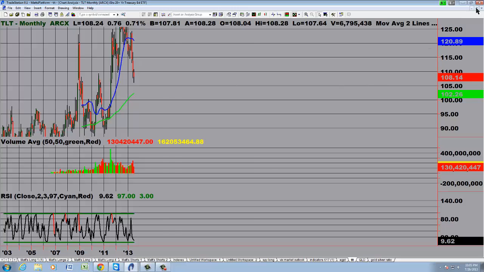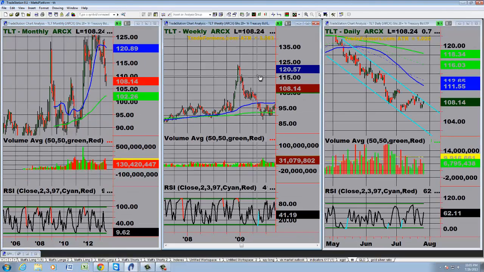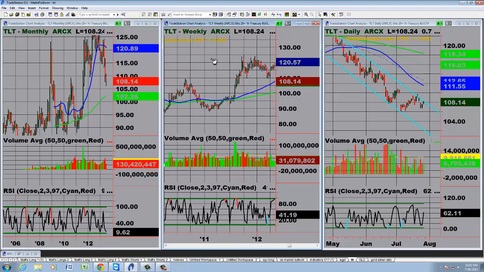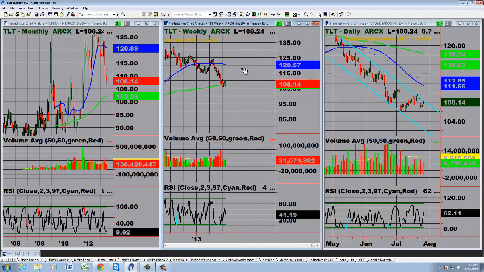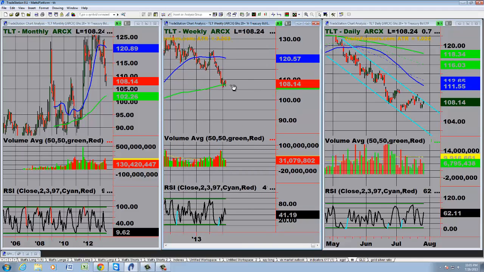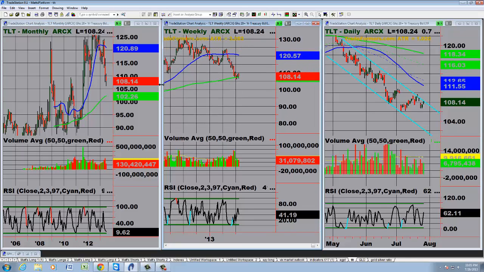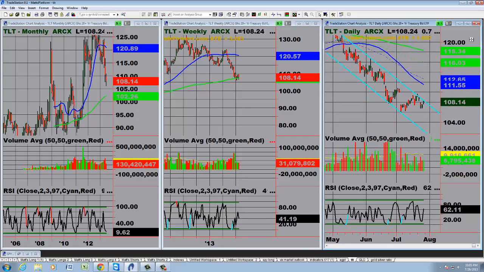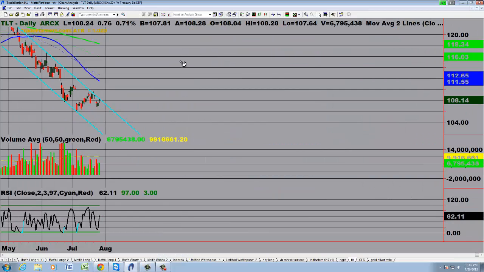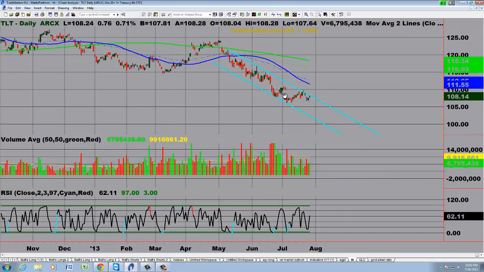So if we get through the 107, 108 level, it looks like we've got another at least 4, 5, 6 points more before you're going to run into the ultimate long-term support. But for now, you can see that the channel line in the 20-year bonds is being attacked right here on the close on Friday.